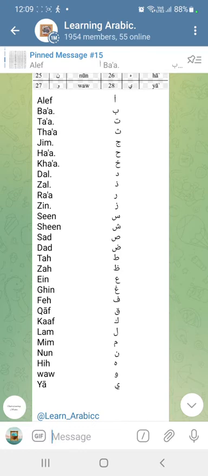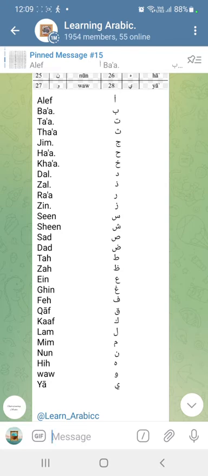In Arabic, it's the same. So you have letters that have names and make specific sounds. In each letter, I will read to you the name of the letter and how it sounds.